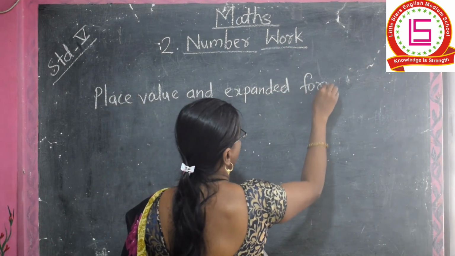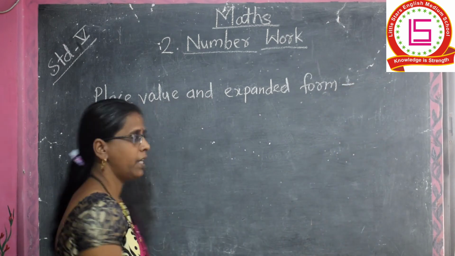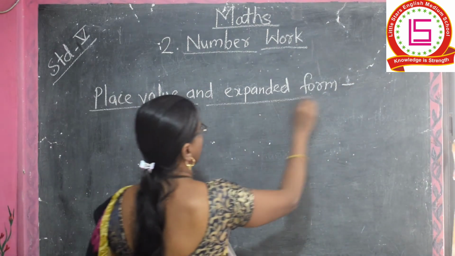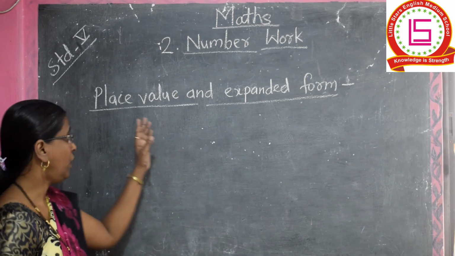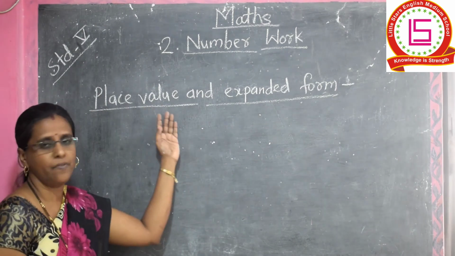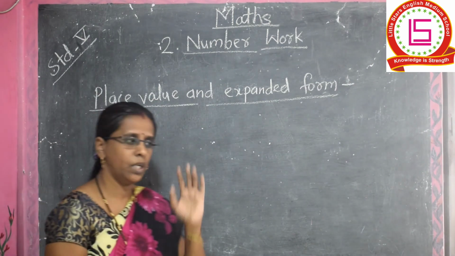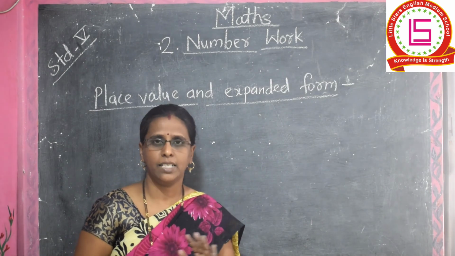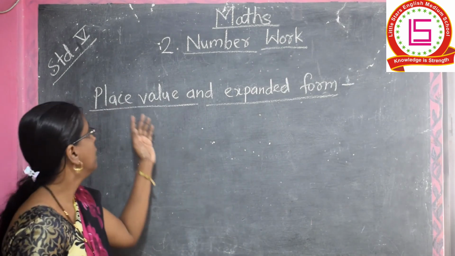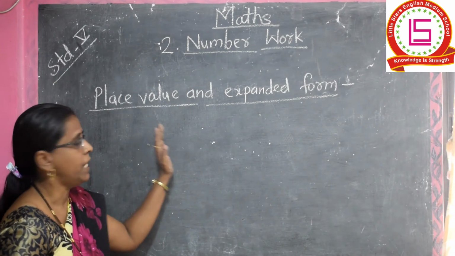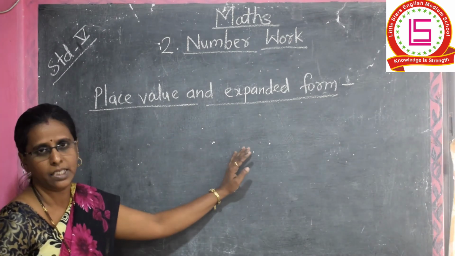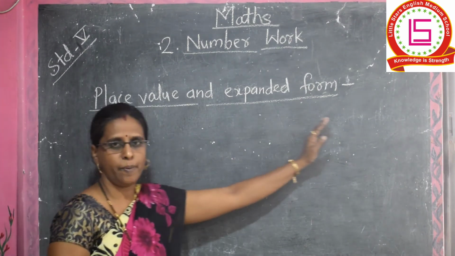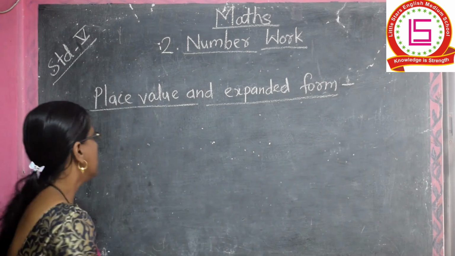See here, we already learned the place values for the digits up to 5-digit numbers. Then in this lesson we have to write the place values up to 7-digit numbers. And the expanded form also.